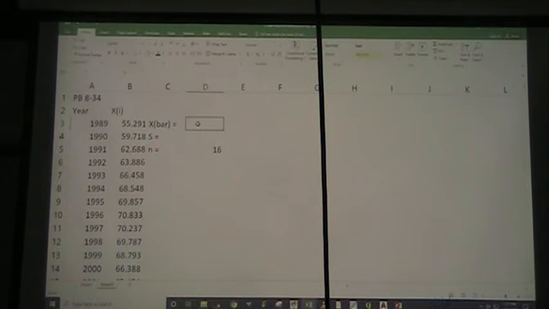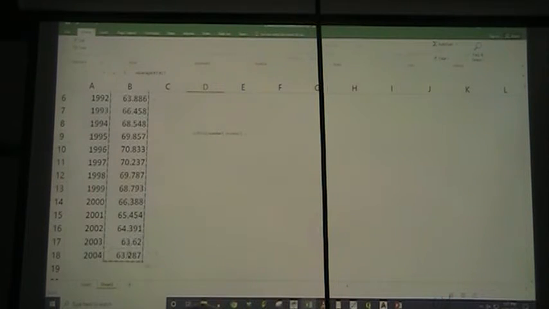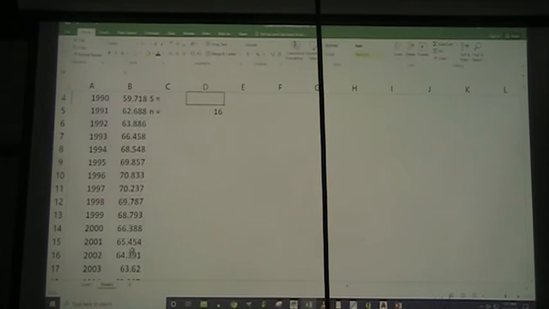X bar, of course, equals AVERAGE, left parenthesis, not of the years, but of the energy usage in trillions of BTUs. All right, so we've got that.